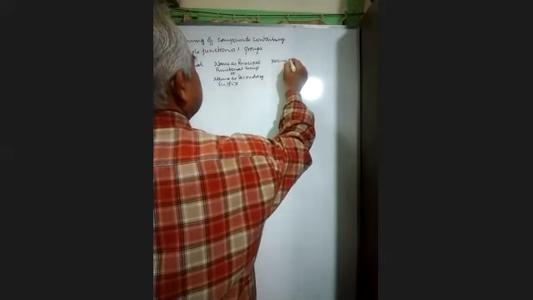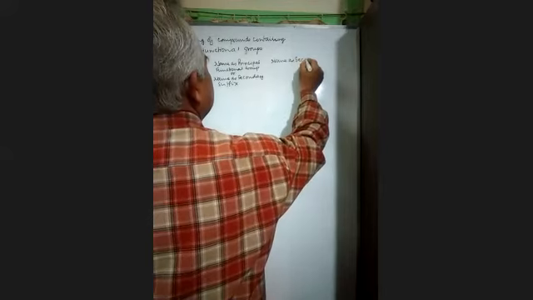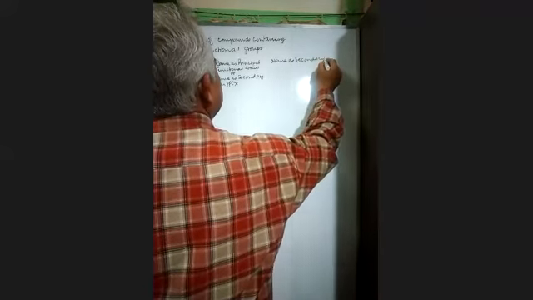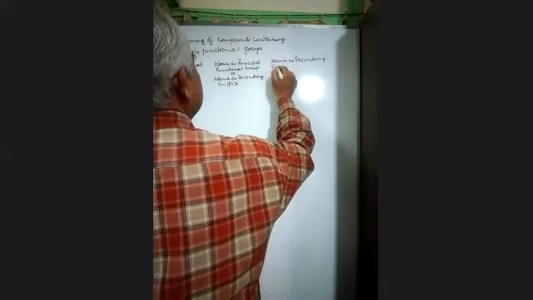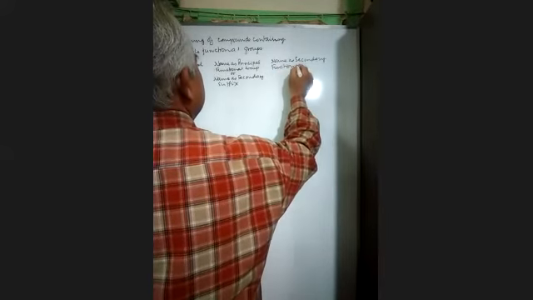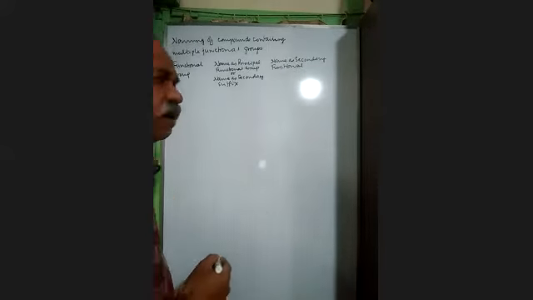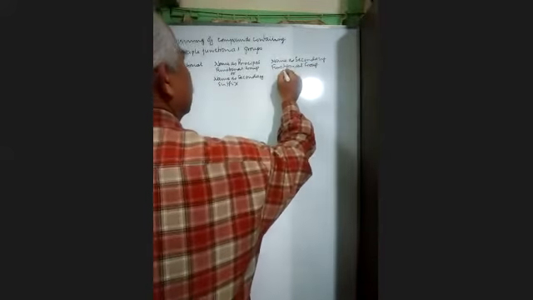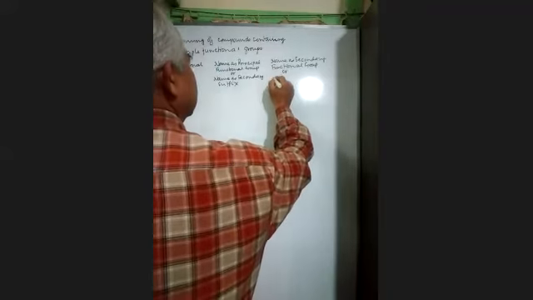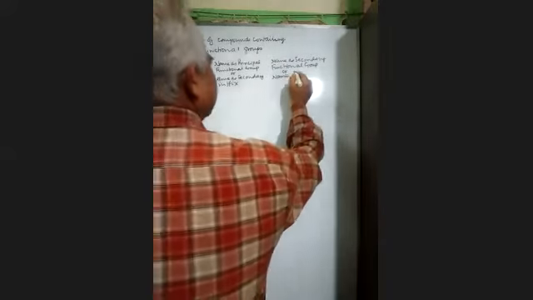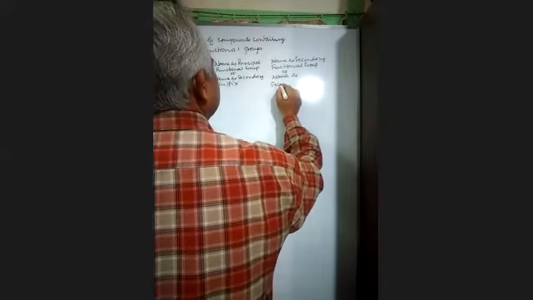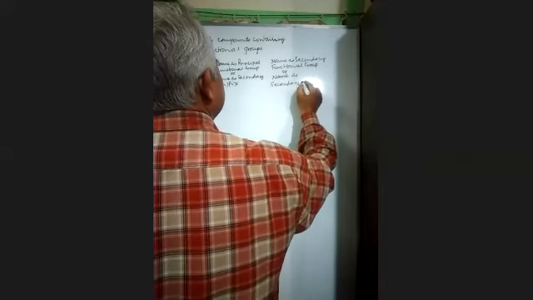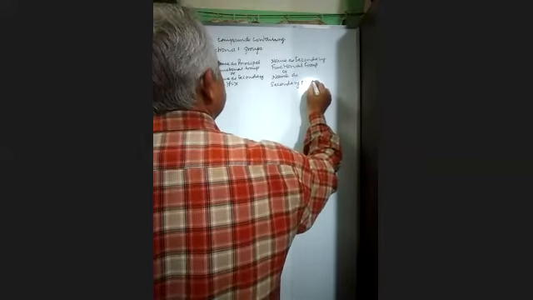Now, name as secondary functional group, or name as, see, where do you put substitution? We put it in the secondary prefix. Name as secondary prefix.